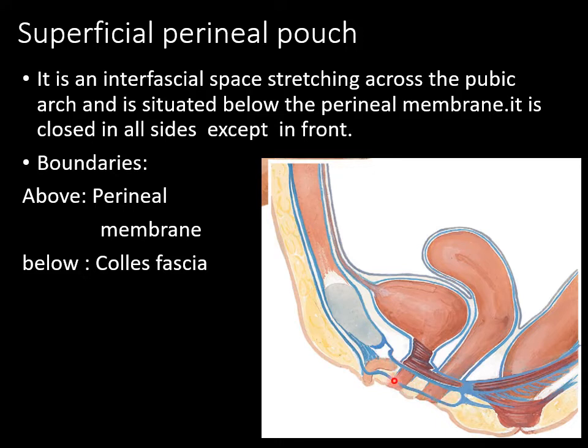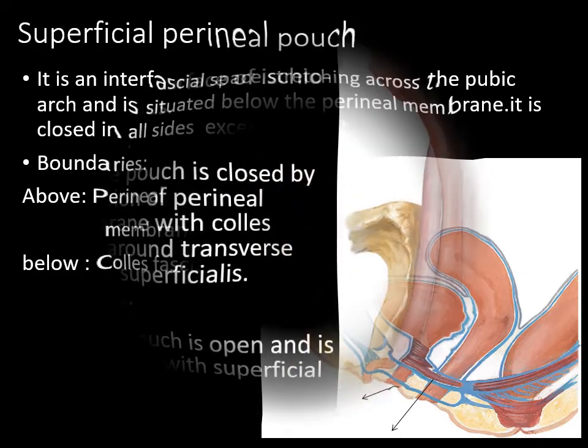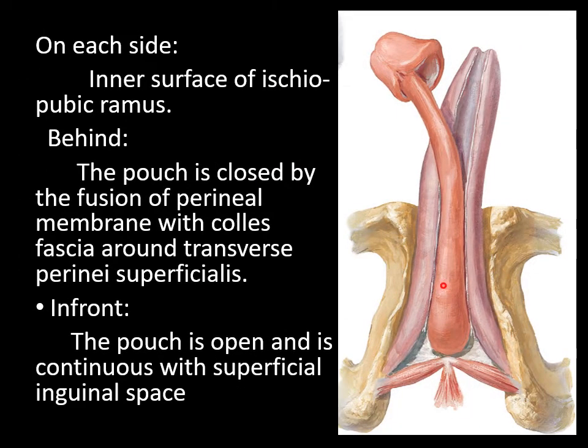And what are the boundaries? Above we can identify the perineal membrane, and below the Colles fascia. Let me show you the clear boundaries of this pouch.